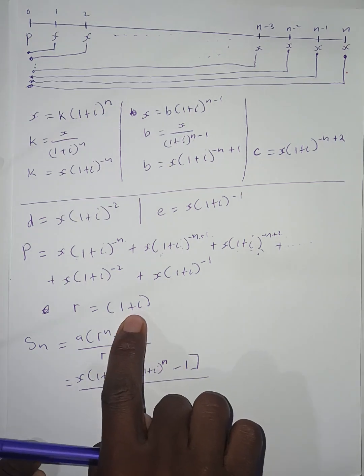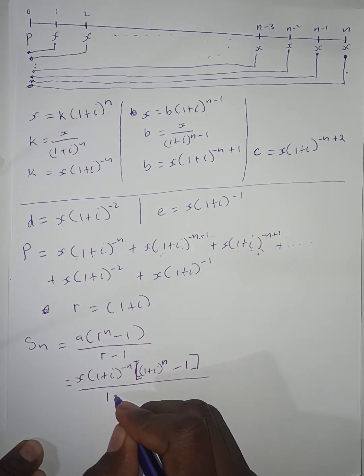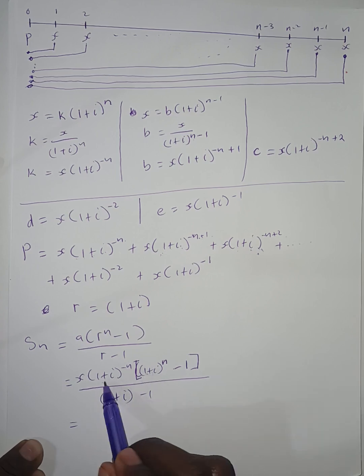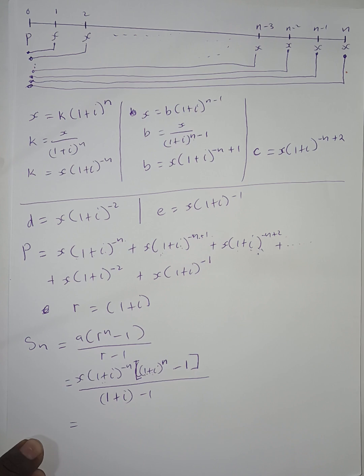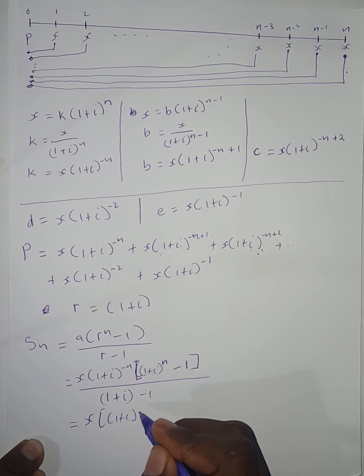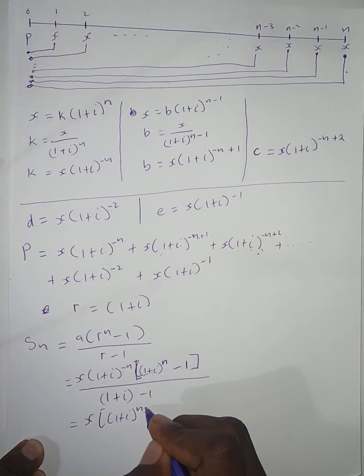But remember the ratio is 1 plus i, so this would be 1 plus i minus 1. Now I'm going to multiply this out: I'm going to multiply (1 plus i) to the power negative n by (1 plus i) to the power n. The bases are the same, so you need to add the exponents. So we would have x multiplied by 1 plus i, with the exponent negative n plus n.